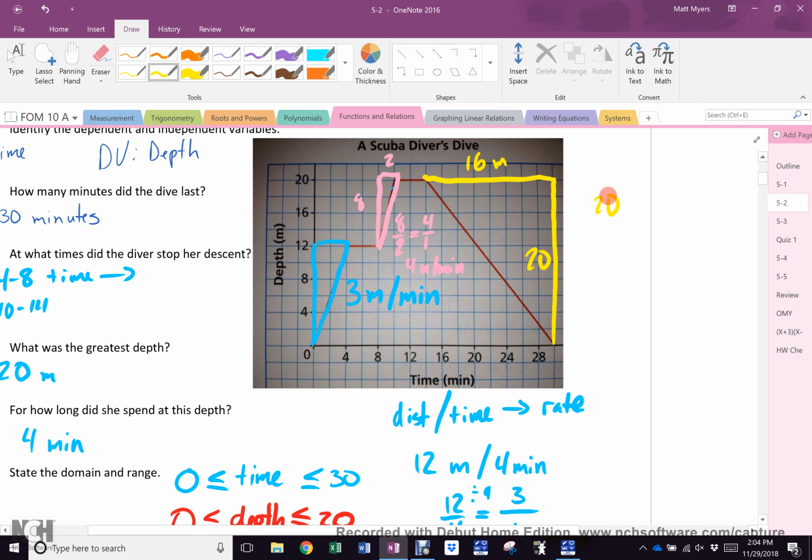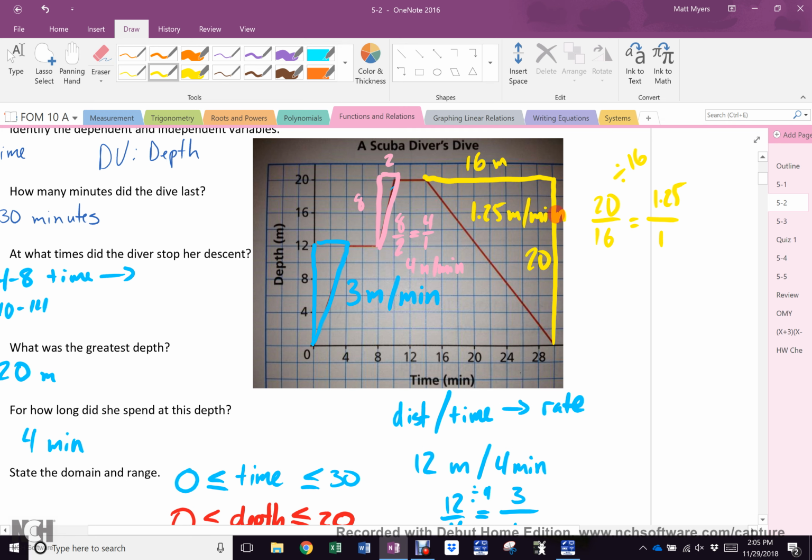So, what have I got? I got 20 over 16. What do I need? I need to be over 1. What do I do to 16 to get to 1? Divide by 16. So what do I do to 20? Which is what? 1.25. So what was her speed of ascent? 1.25 meters per minute.